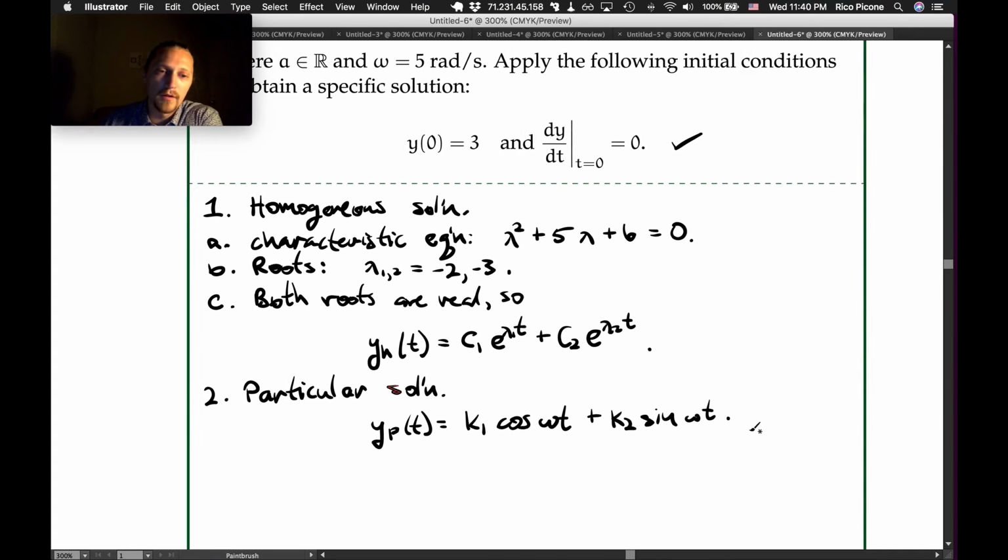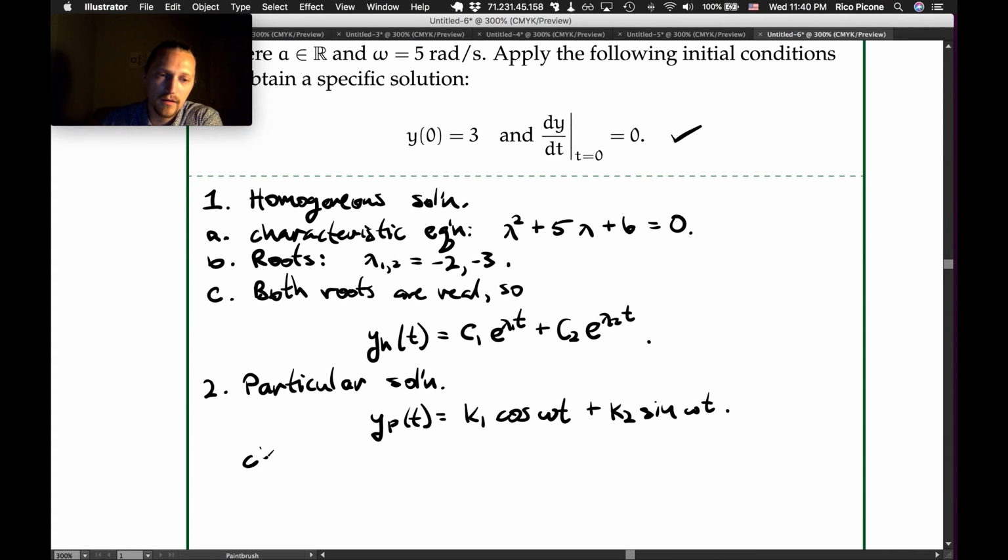We should also check the test value, which, as you may recall, is j omega for this case, and omega comes from the forcing function, which is 5 radians per second, so j5.